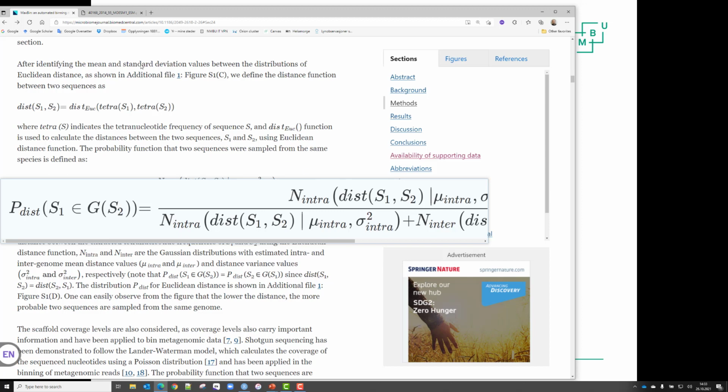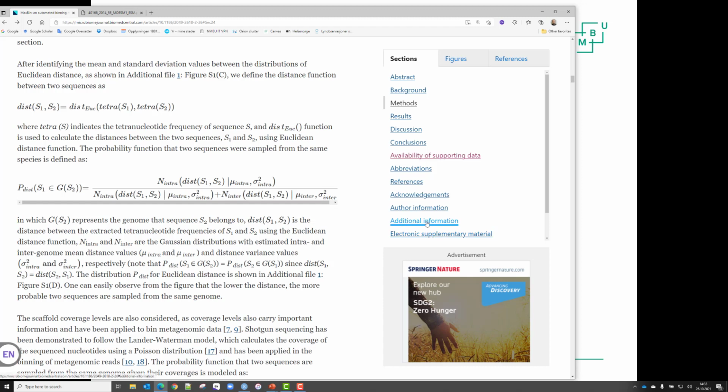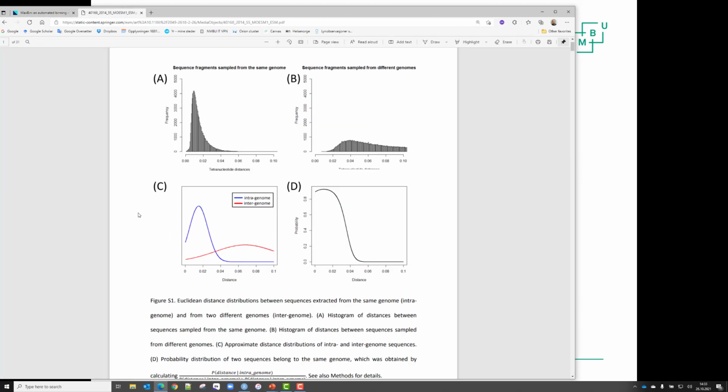Actually, it's better to have a look at one of the figures that is here under additional information. And here it is. This is the figure, and let me explain what they have done here. First of all, they took some already sequenced genomes, and then they split these genomes into contigs, right?